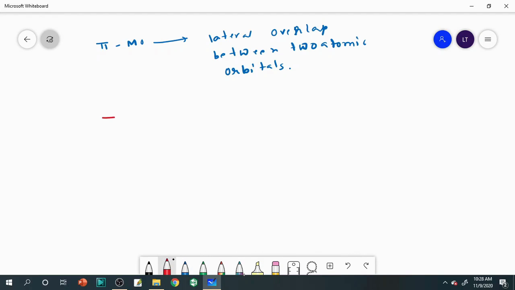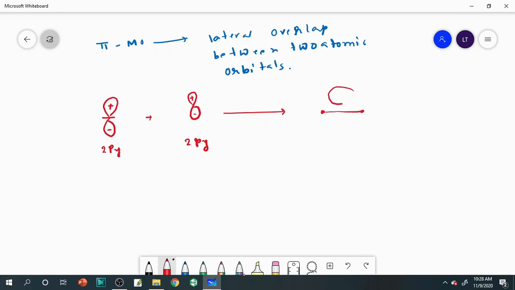So this is, say, a 2py orbital, plus minus, and this is another 2py, plus minus. They will combine among themselves. This is one nucleus, this is another nucleus, and this is the internuclear axis.